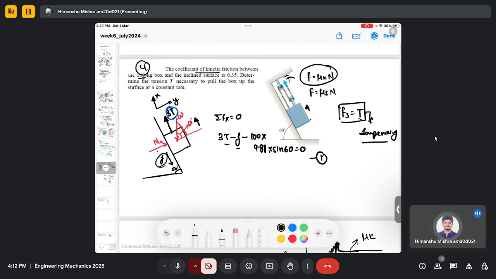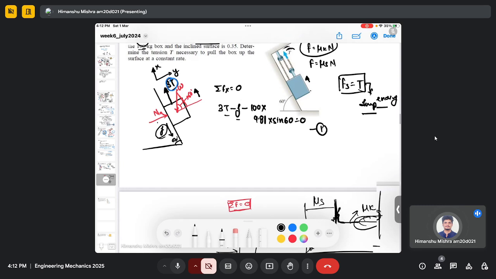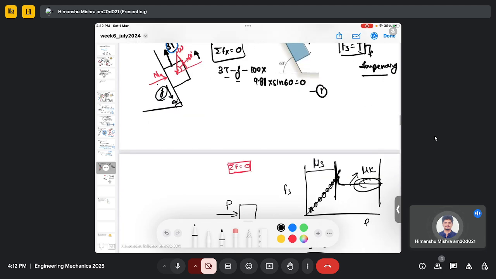So we try to keep ourselves at this limit, not at the extreme right limit, because we don't want to mess up our overall equilibrium conditions. Since we are using the equilibrium equations, we are restricting ourselves to the body having impending motion. It does not keep moving in a certain direction with some velocity that is changing, with non-zero acceleration.